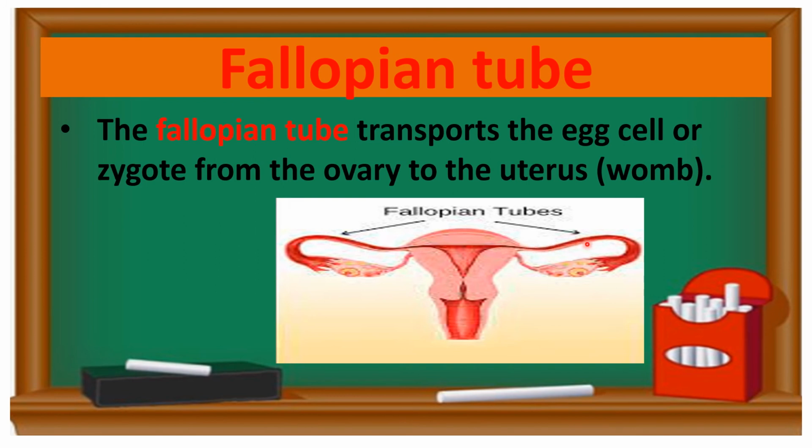It is also where the sperm cell will meet the egg cell, which transforms the egg into a zygote. Okay, after that it will go to your uterus or your womb.